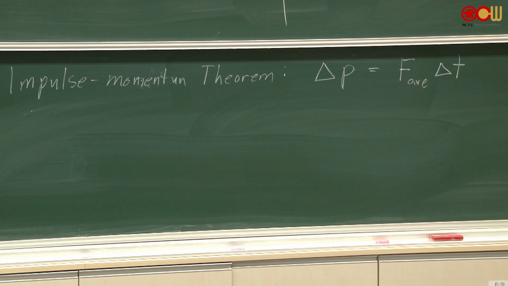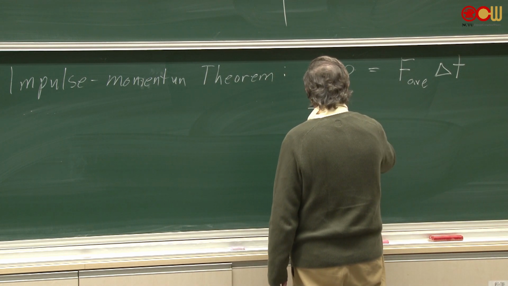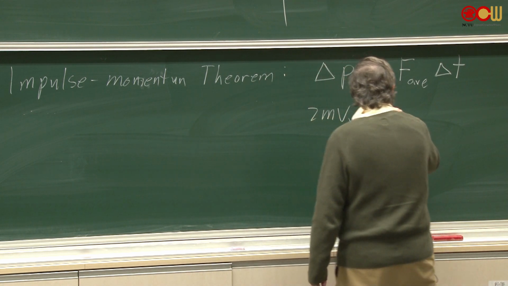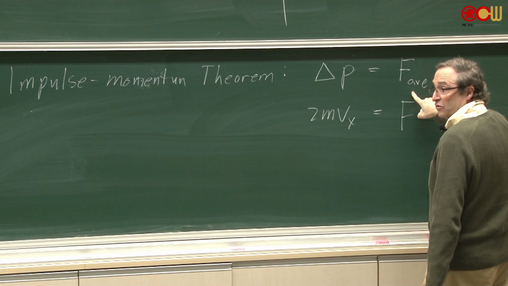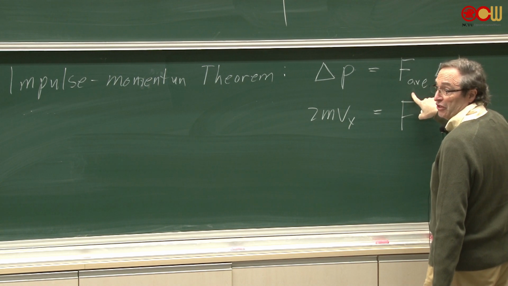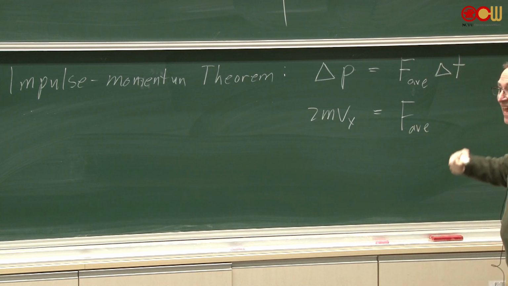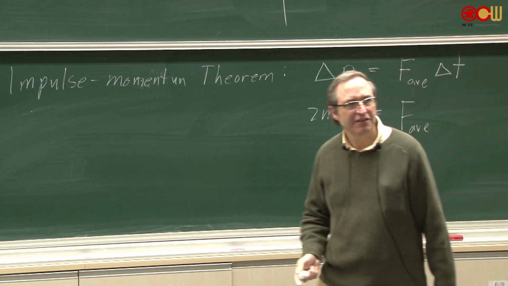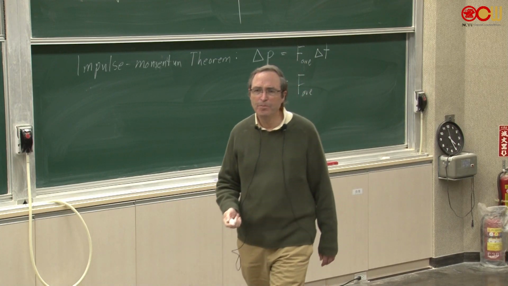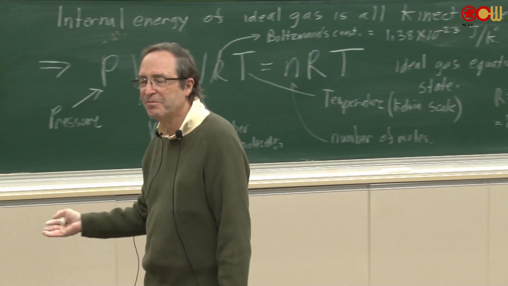The left-hand side is 2mvx. And this is what we want to find, because that's going to tell us the pressure. That's the average force in the x direction. What are we going to use for delta t? Well, we want the average over time.